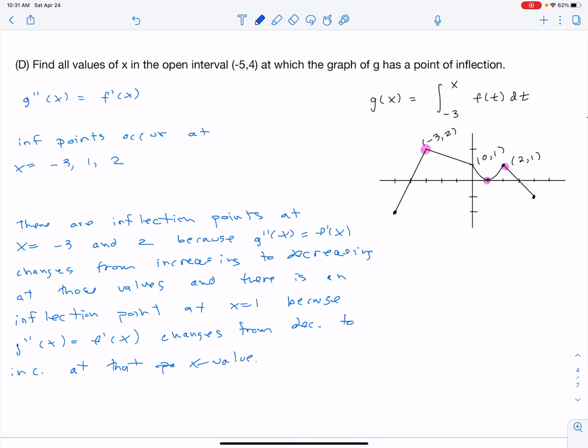Okay? Again, they didn't ask for that. We don't need to give it, but it's a pretty common thing for them to actually ask you to justify it. This would be the justification.